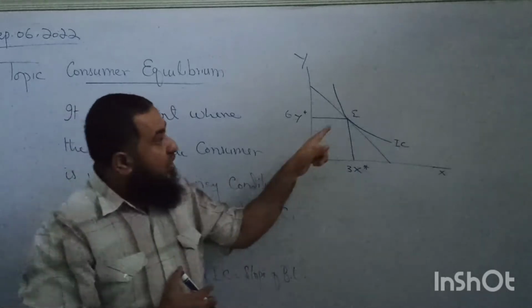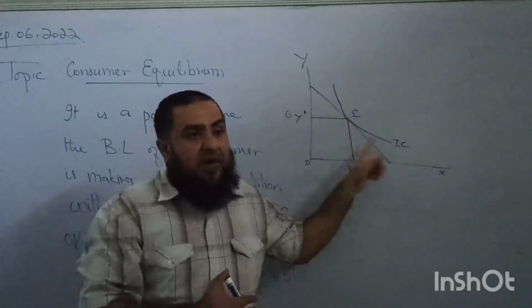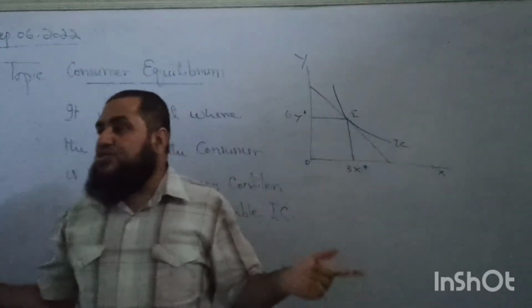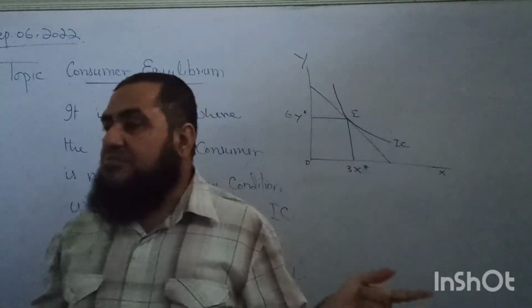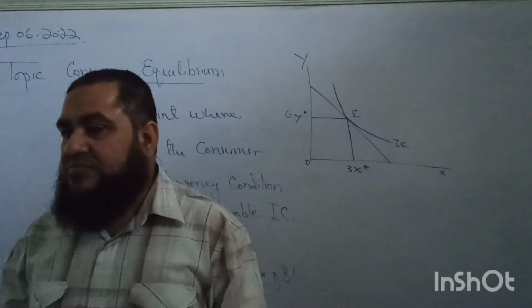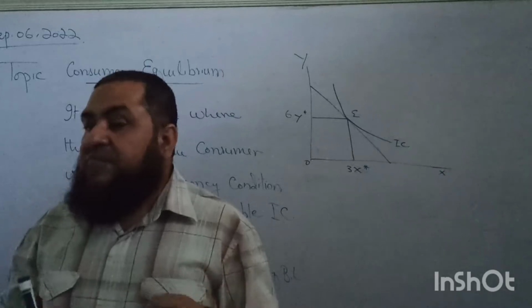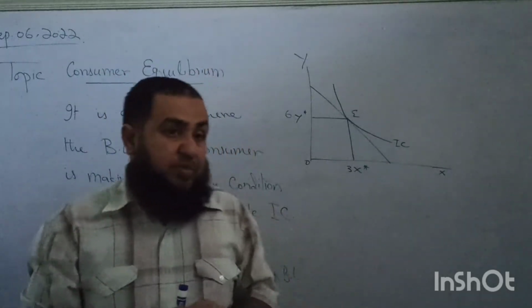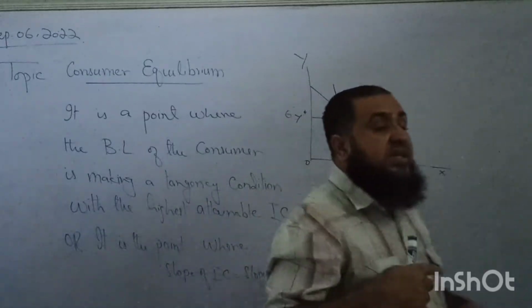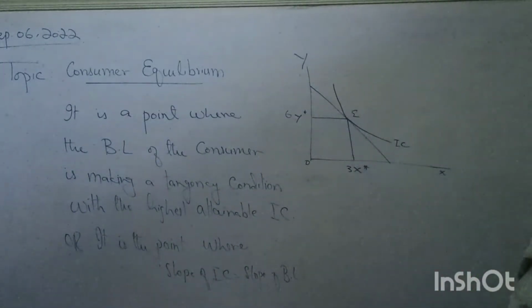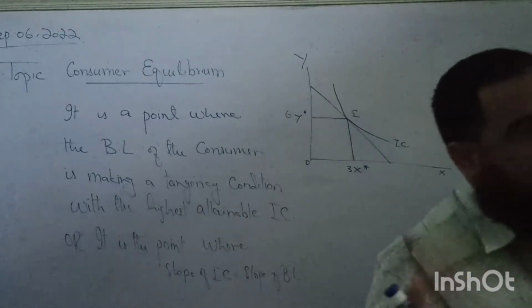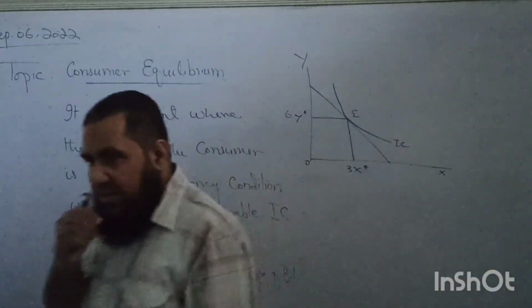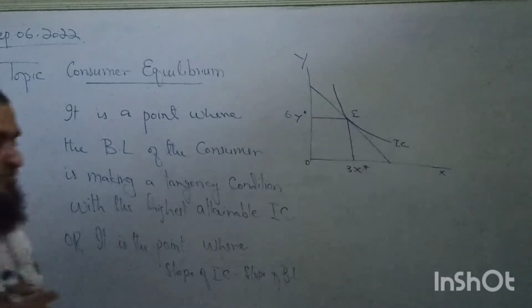So here, the slope of the indifference curve equals the slope of the budget line. So this bundle is called the optimum consumption of X and Y. What do we mean by optimum? Here the total satisfaction of the consumer is maximized within his given income and the prices of X and Y. Clear or not?